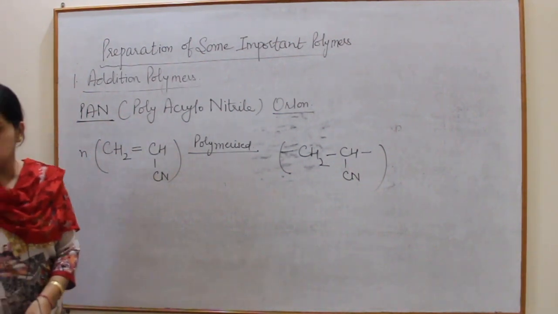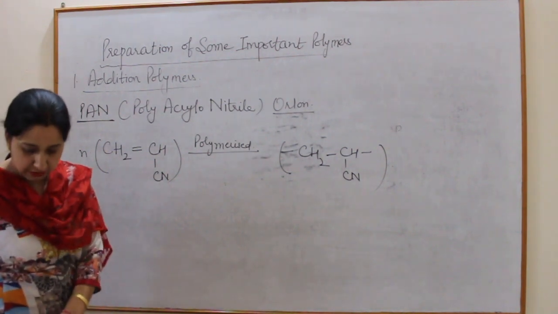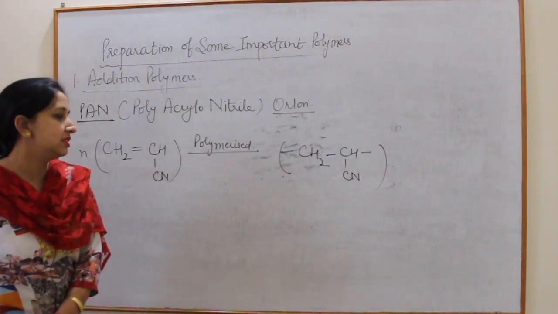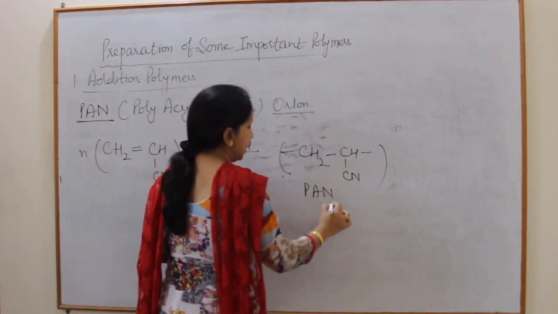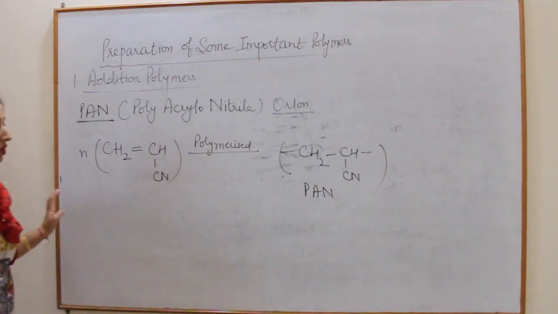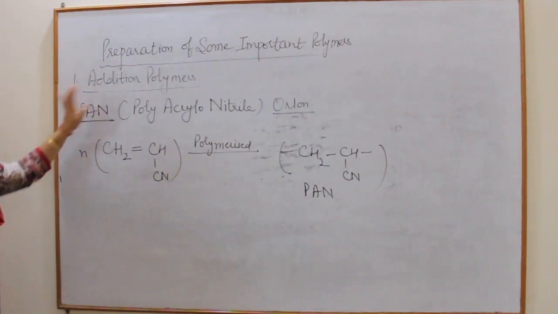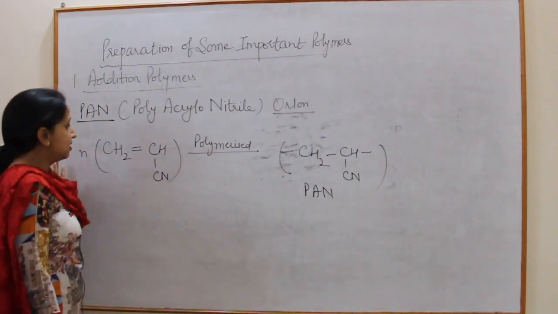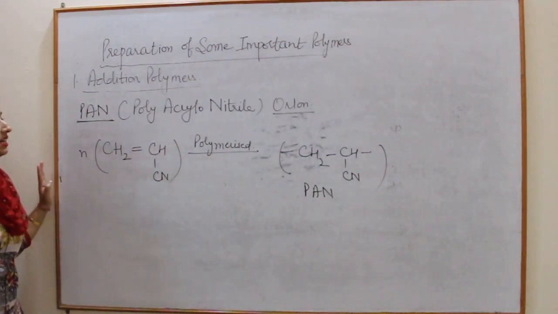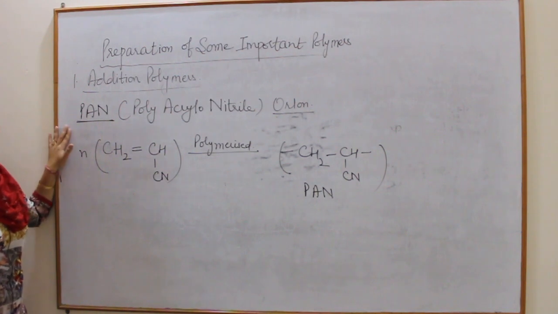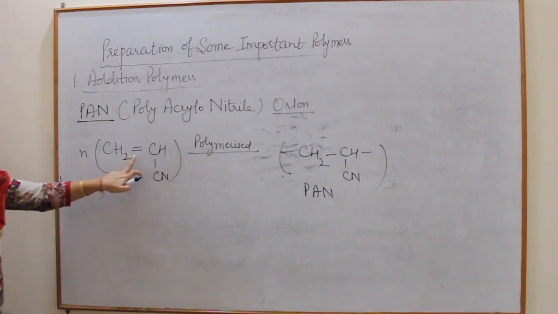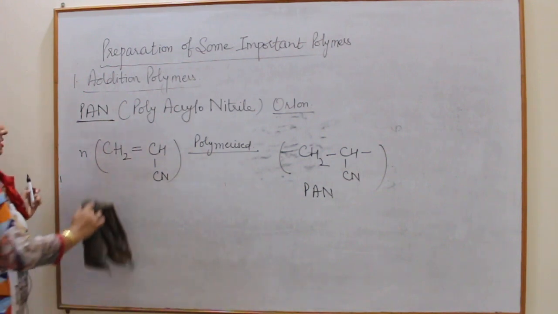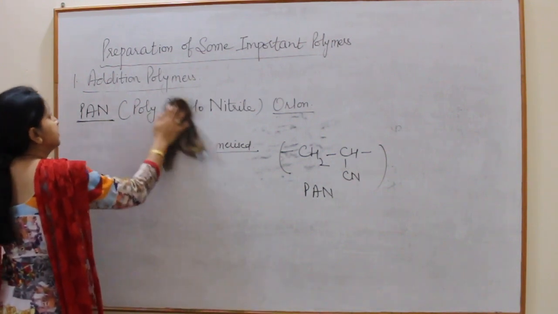It is used for the preparation of blankets, sweaters, etc. So this is your PAN, polyacrylonitrile. So this was about your addition polymers. We have done low density polythene, high density polythene, Teflon, and fourth one is polyacrylonitrile. In all these monomers, they are unsaturated in nature.